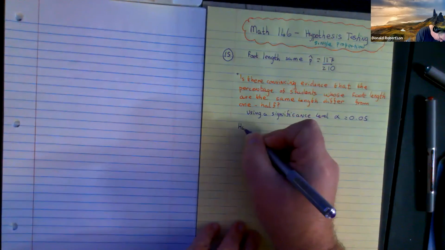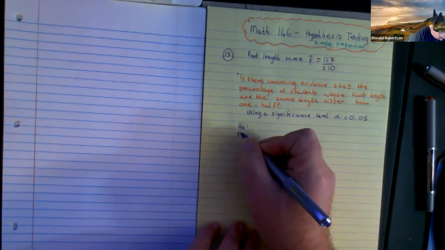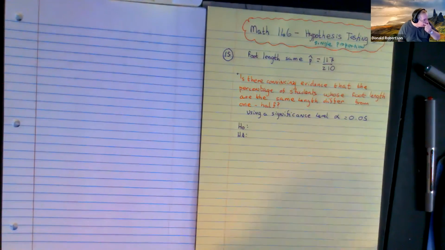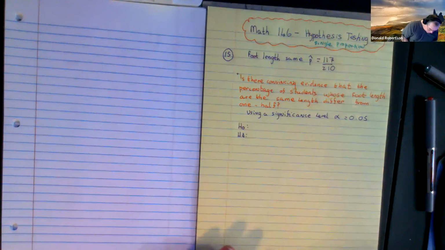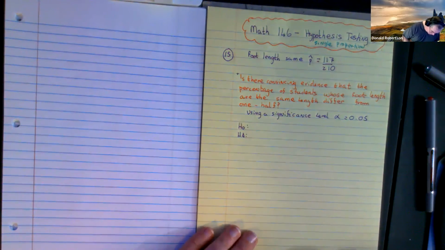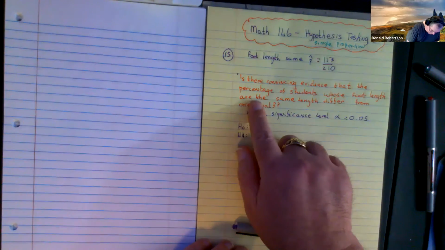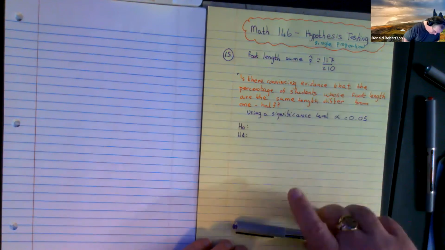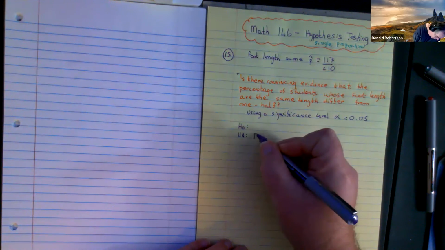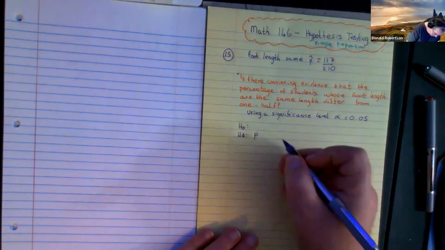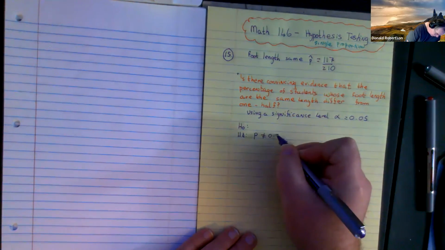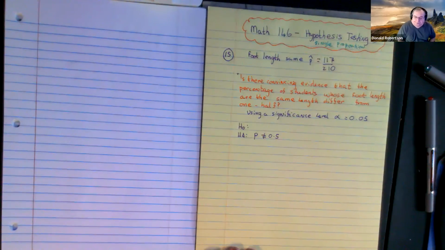The first thing they ask you, which is exactly what you should ask, is what is the null and the alternate hypothesis? So we're interested in whether it differs from a half. So you're saying the percentage of people whose feet are the same length is not a half, differs, not equal to.